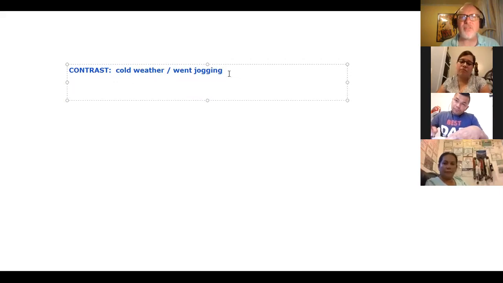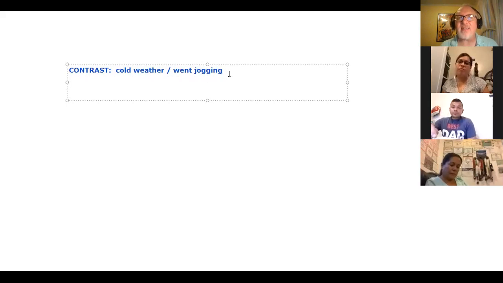All right, let's start with the easy one. How could we say this with but? But is the easiest one because we learned that way back in level 1. How do we make a contrast with but? First, we want a subject and a verb. So what could I say?